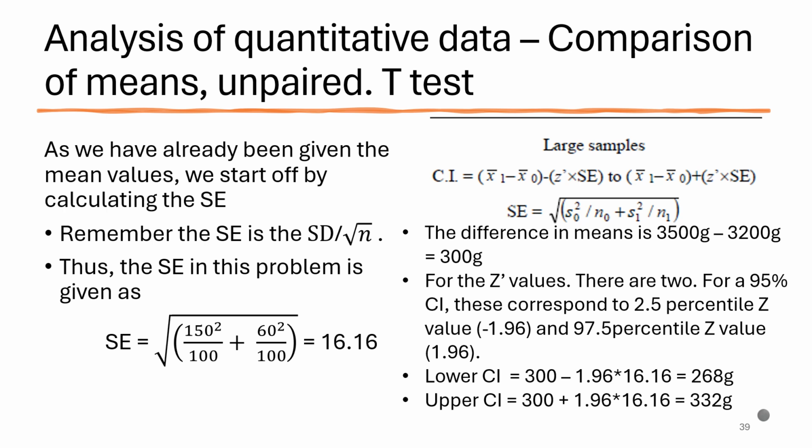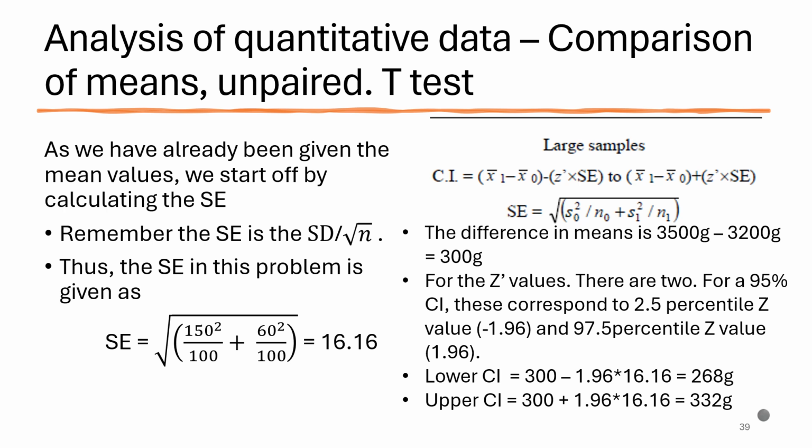For a large sample, and you could consider this a large sample, we have about 200 patients, 200 independent observations, the confidence interval is calculated using the difference in means plus or minus the z value times the standard error.